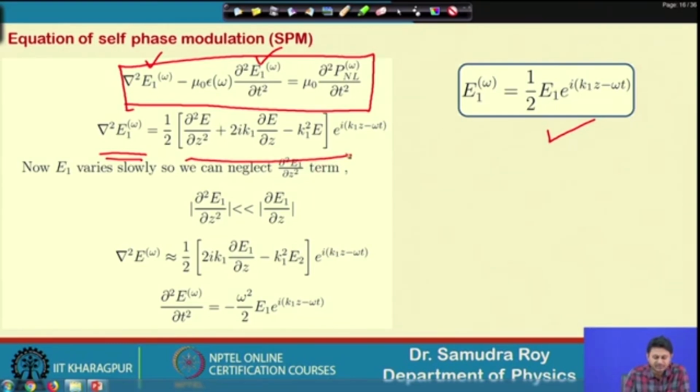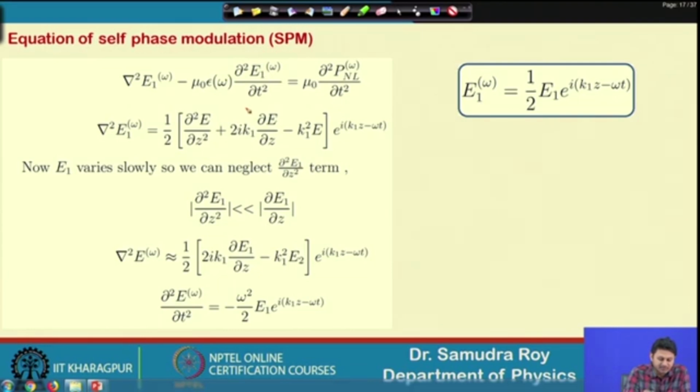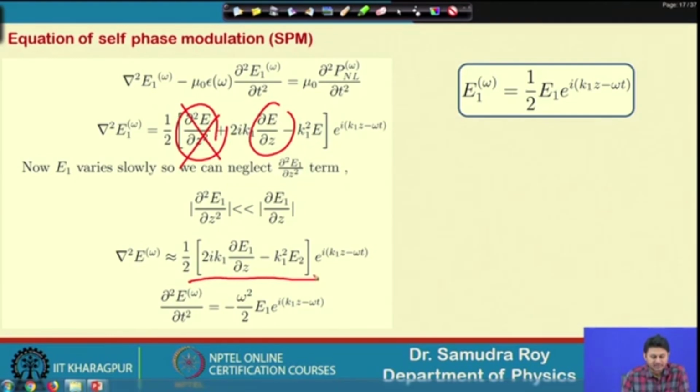If I do, the grad square of E1 is simply this quantity, the double derivative of E, the single derivative of E, and the derivative of the exponential term, which gives me E1 k1 square with e to the power i kz minus omega t phase sitting over here. Now, we use the slowly varying approximation, which suggests that this term is going to vary very fast compared to this. So, we can neglect this term, and if I neglect it, my equation will be confined to these terms.